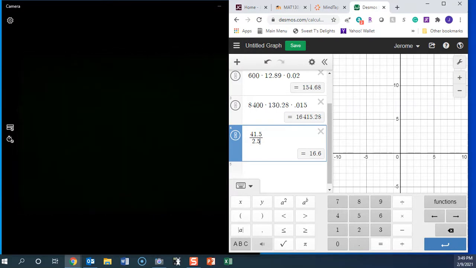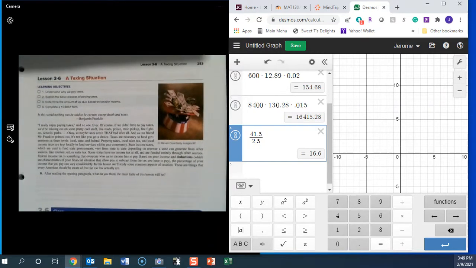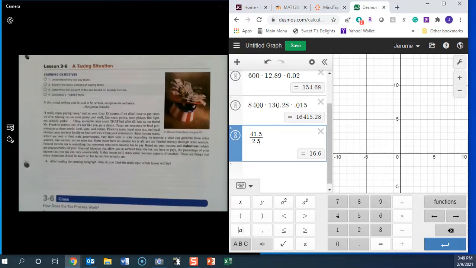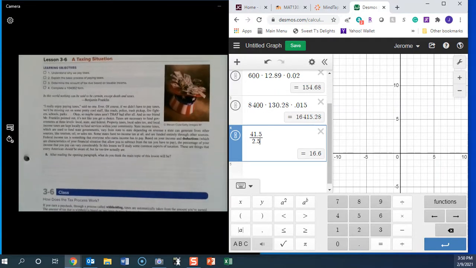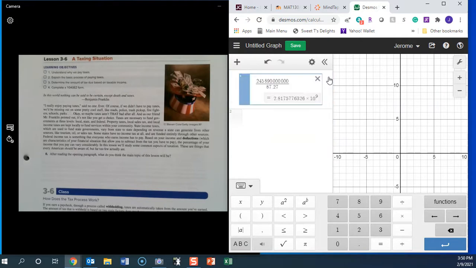This lesson is not long as far as pages and what we have to do, but it is a little long by how the problems are set up. So this is where Desmos will become a very, very good friend to you, just like it was when you were doing those monthly payment problems. In this section with calculating taxes, Desmos will help you out.